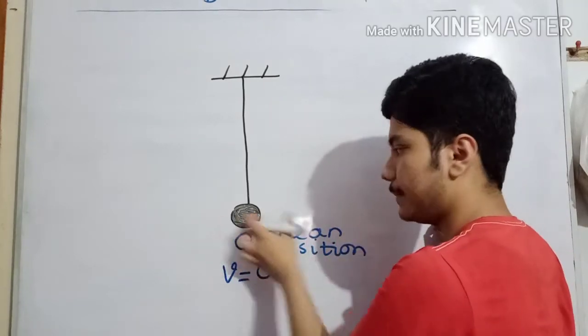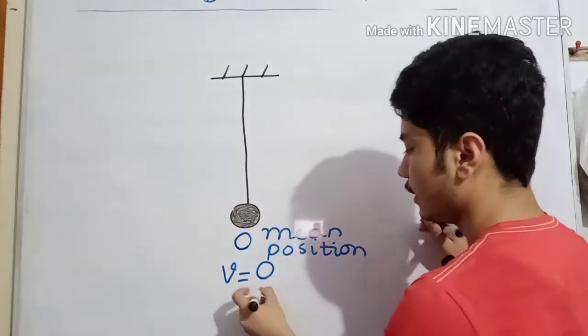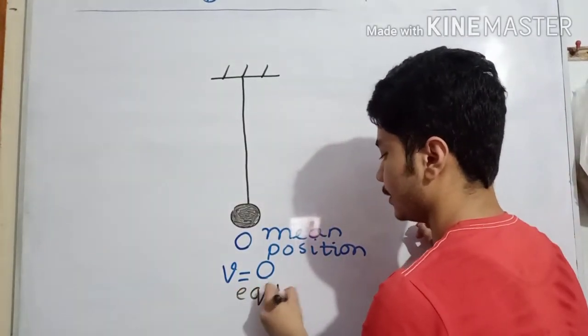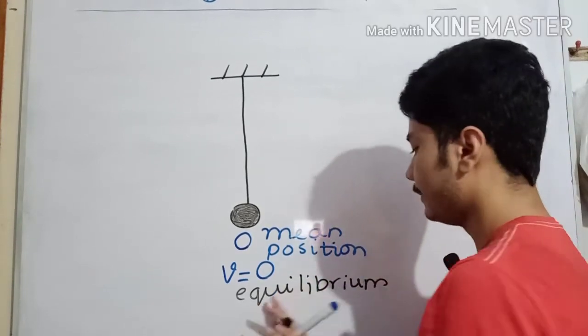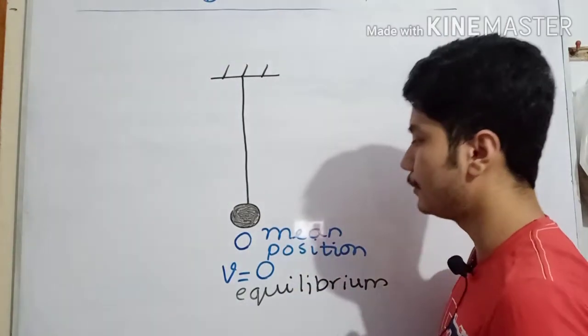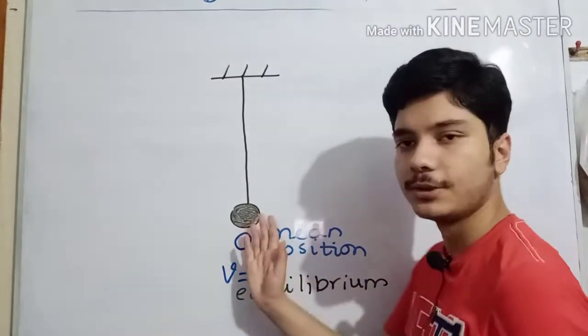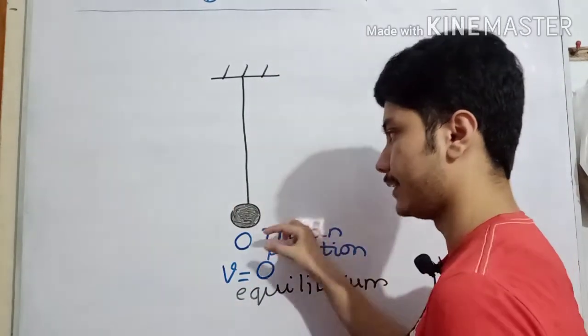Pendulum is at rest, it means it is at mean position, or you can use another word called equilibrium position. Equilibrium means a body which is in a state of rest, and mean position here also refers to a body which is at rest. So the pendulum is at rest.